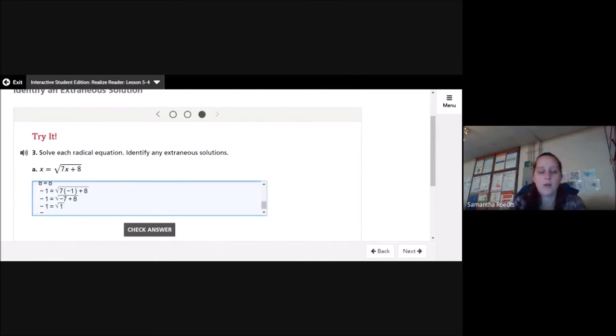So -1 is not equal to 1, so that's an extraneous solution. So the solution is x equals 8. x equals -1 is an extraneous solution.